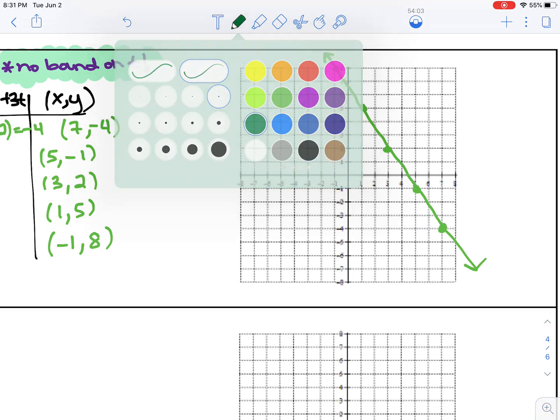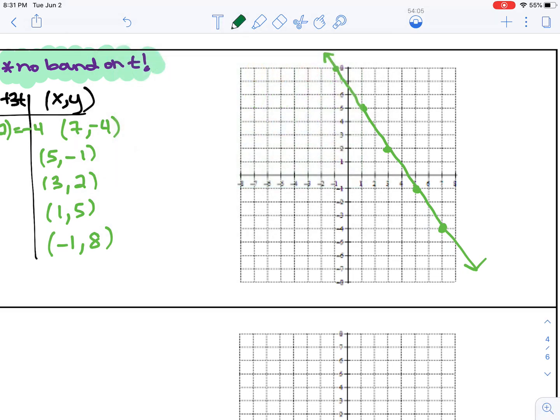And then we also, again, need to include our arrows, right? We need to show the reader the direction in which we plotted these points. Well, our first point was here at 7, negative 4. Our second point that we plotted was 5, negative 1. Our third point here, our fourth point here, our fifth point here.